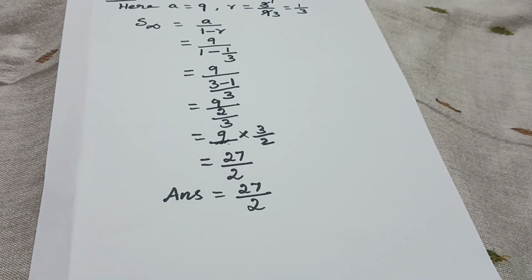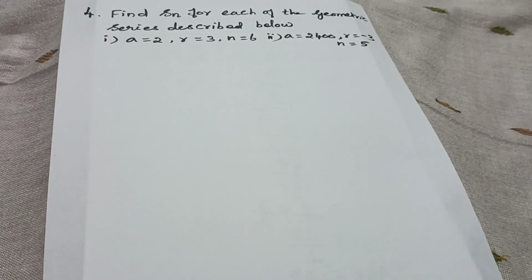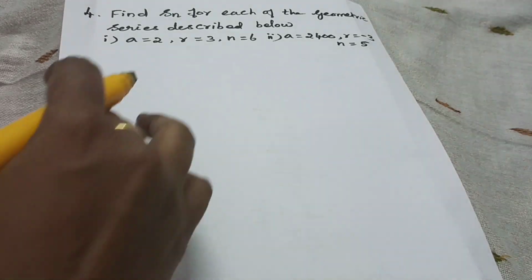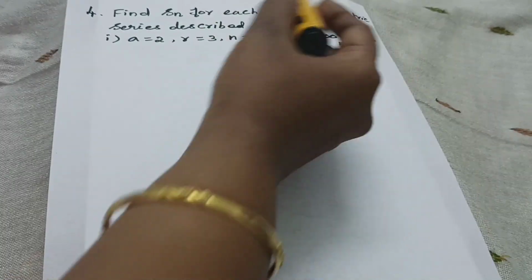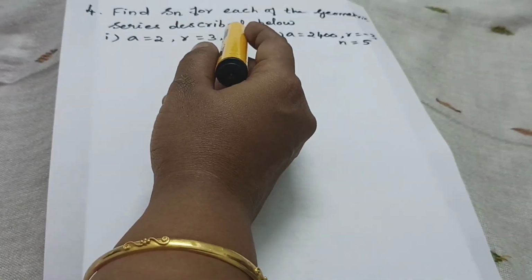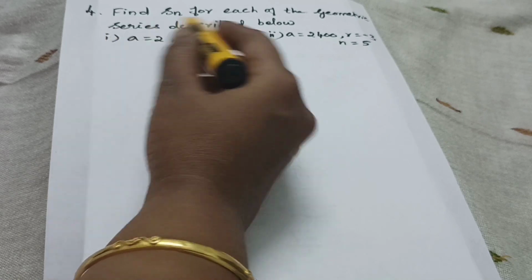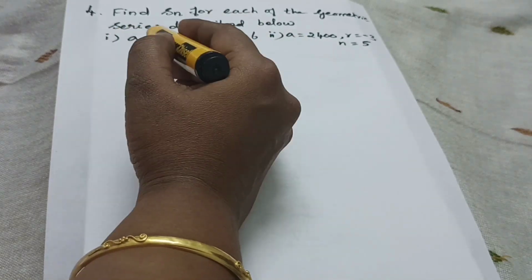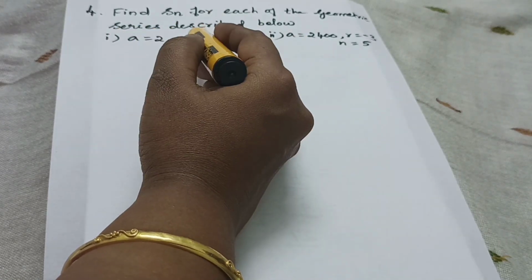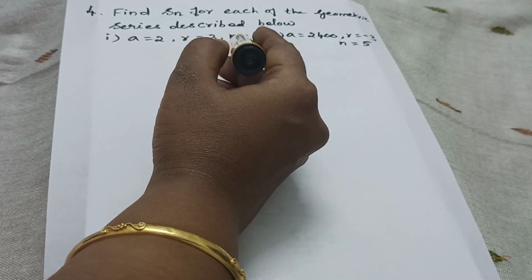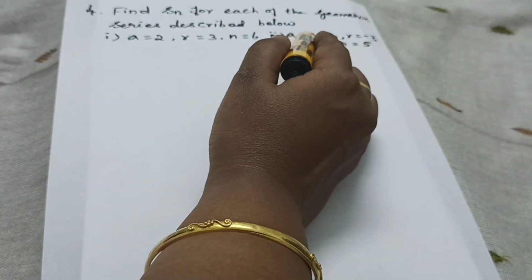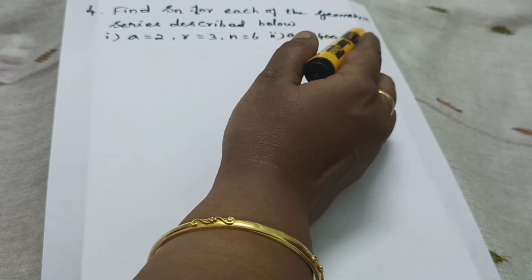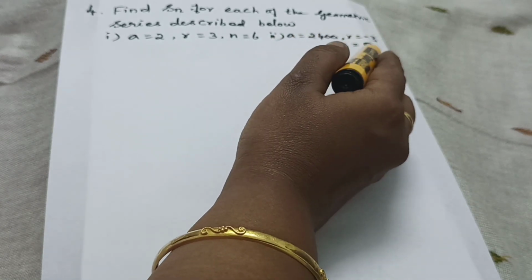Very clear? Now let's see the fourth sum. Find Sn for each of the geometric series described below. Two questions are given. First one, A equal to 2, R equal to 3, N equal to 6. Second one, A equal to 2400, R equal to minus 3, N equal to 5.